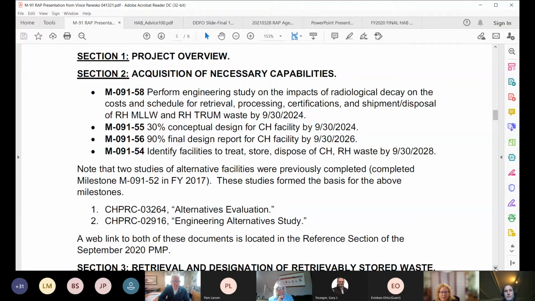If you notice these milestones, 58, 55, 56, 54, it's a little bit confusing in a way. If you look, milestone 56 has a 90% final design for a contact-handled facility by 2026, while milestone 54 talks about identifying facilities by 2028.